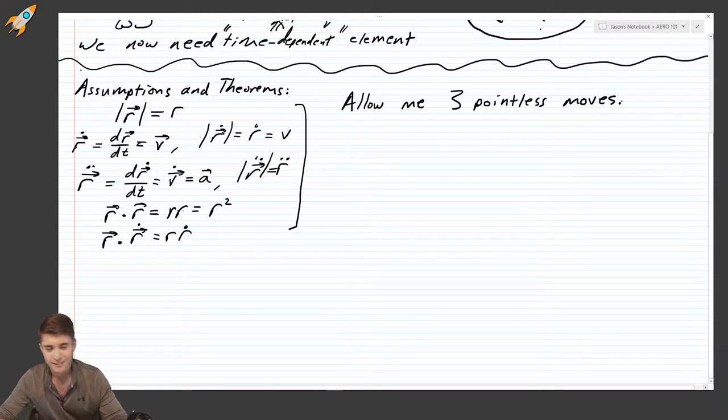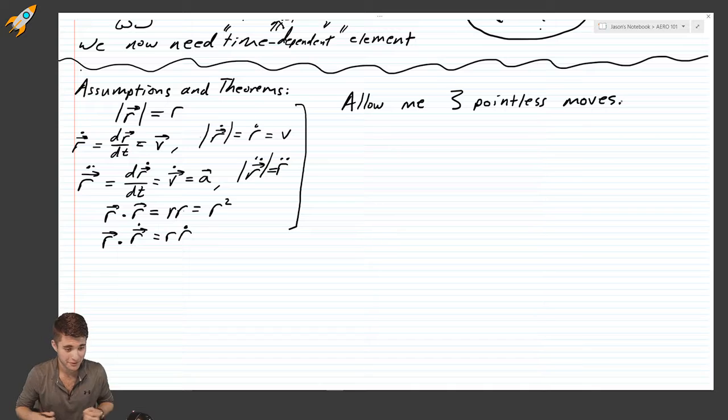Allow me three pointless moves to make. And when I say pointless, I essentially mean I am going to do something mathematically that has absolutely no reason why I should be doing it, but I'm going to do it anyway because it's correct to do mathematically and I'm allowed to do it and you can't stop me.